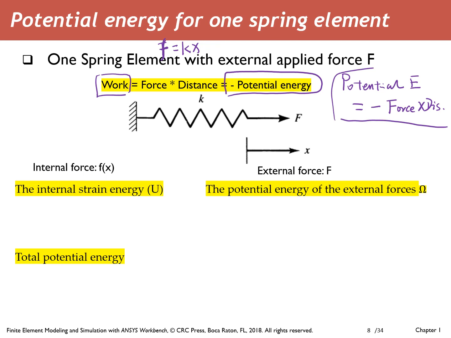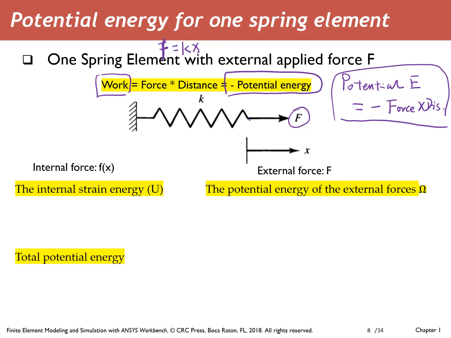Okay, we'll use this relation to derive the potential energy for the internal force and external force. For the external force, that is the force applied to the end of the spring. The other end is fixed, and there will be displacement at this node at this end.